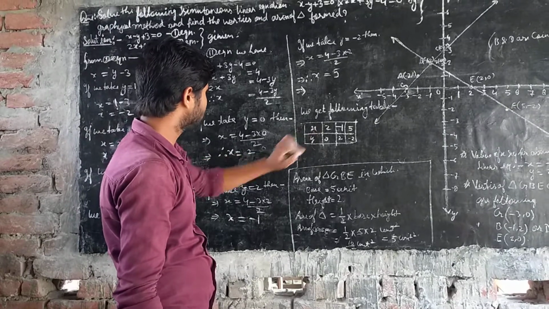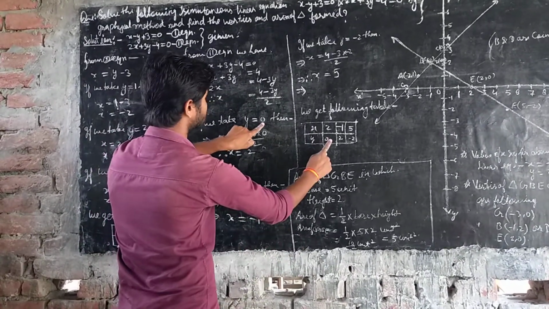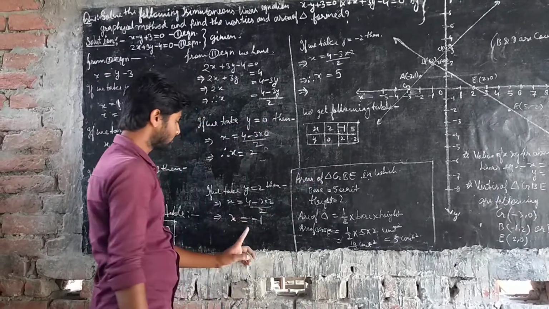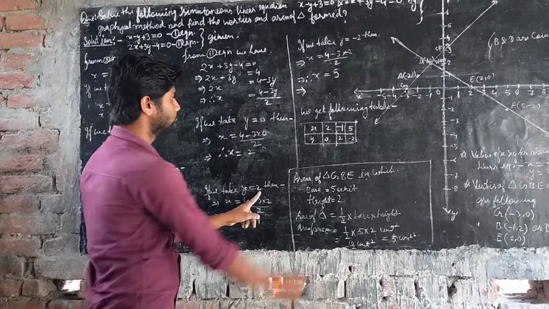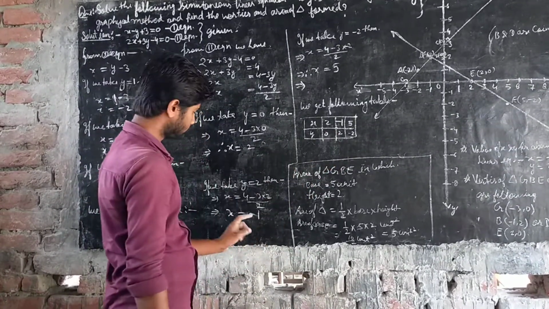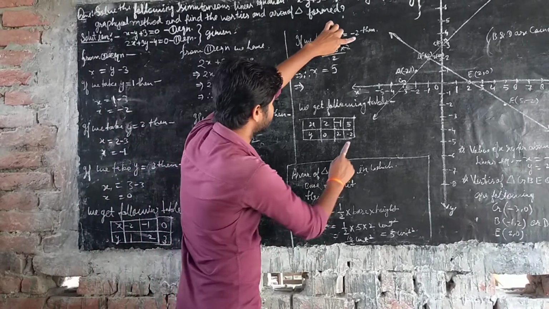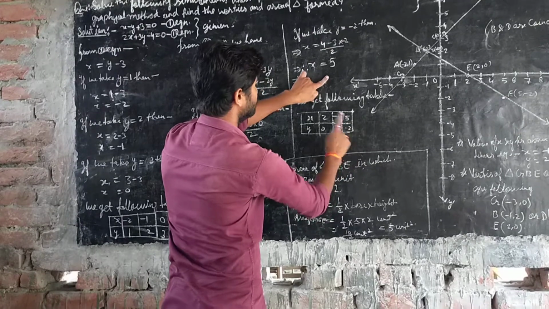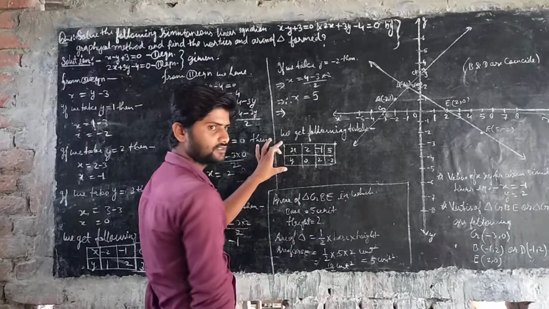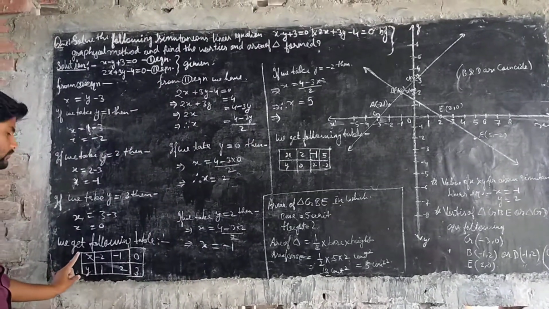If y is equal to 0, x is equal to 2. For the second point, y is equal to 2 gives x is equal to minus 1. For the third point, y is equal to minus 2 gives x is equal to 5. This is the table for the second equation, and here is the table of the first equation.